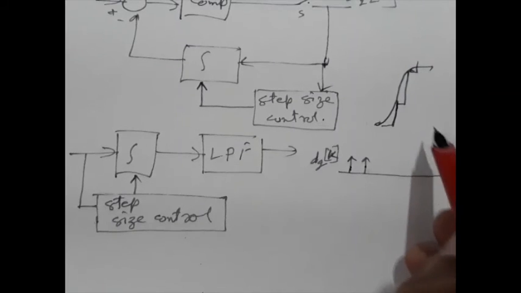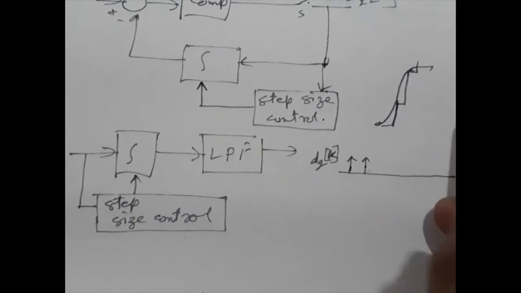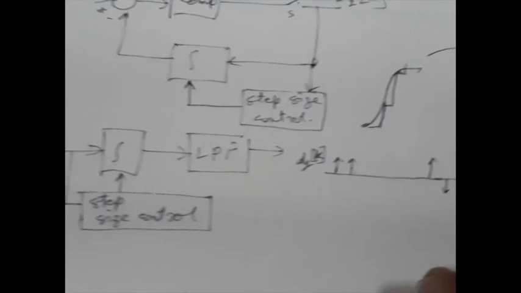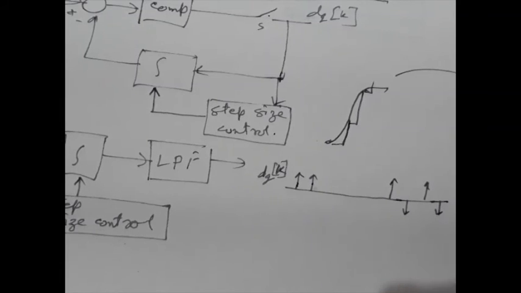Similarly, when MT is flatter like this, under this condition the output will be something like this, maybe successive spikes with alternate positive and negative values.